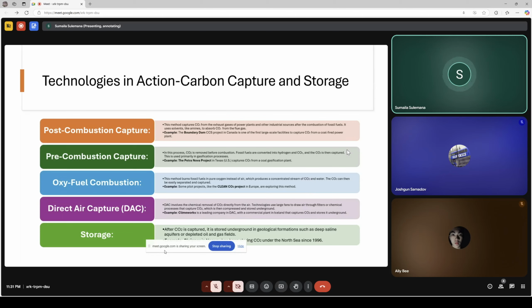They have large fans that blow air and trap CO2 as it passes through filters, and they go through a whole chemical process to capture the CO2. We have a solid and a liquid phase, two different parts of DAC, and the captured CO2 is then compressed and finally stored underground.